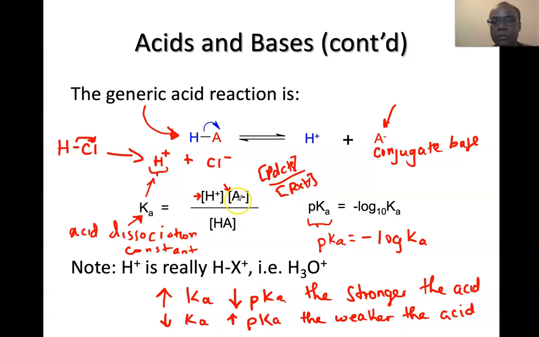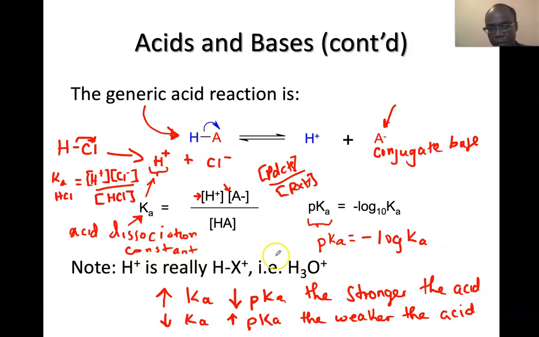These brackets mean concentration, and then you divide by the original concentration of your acid. In this case, it would have been HCl. So for HCl, I would have said the Ka of HCl is equal to H plus multiplied by Cl minus divided by the concentration of HCl.